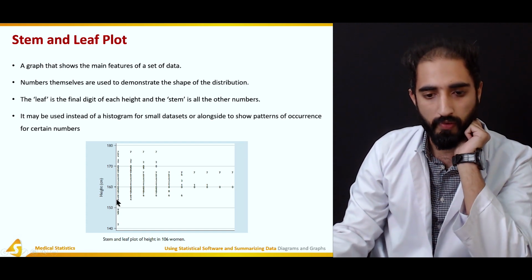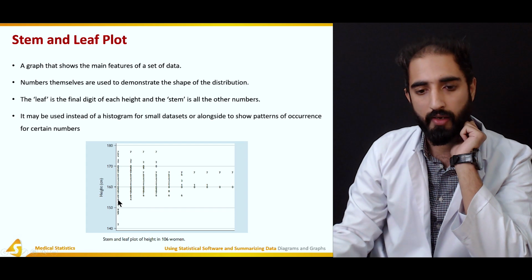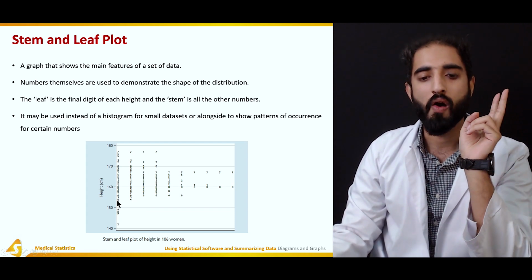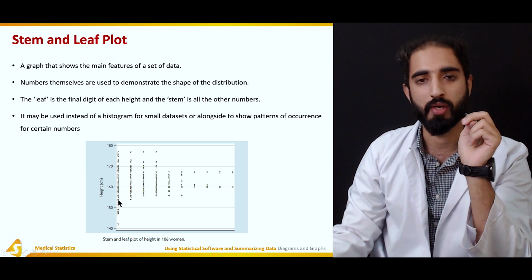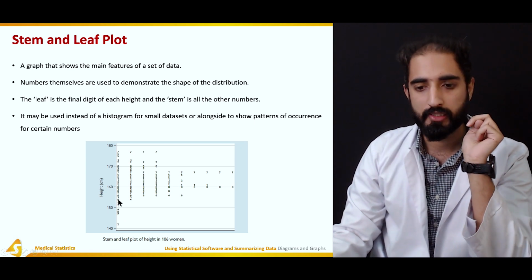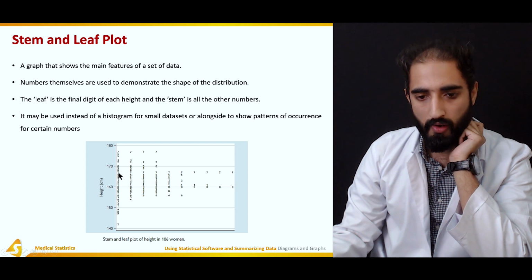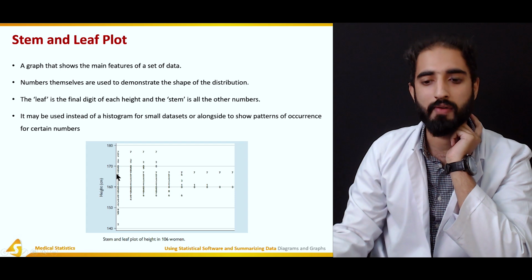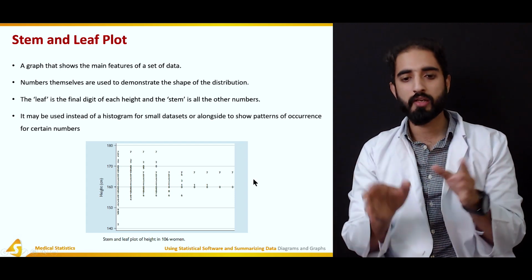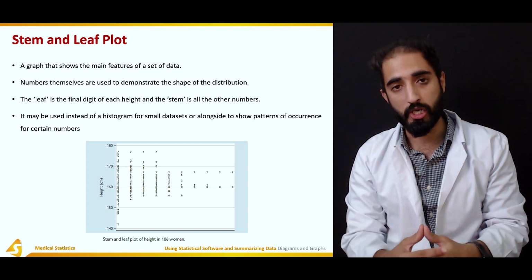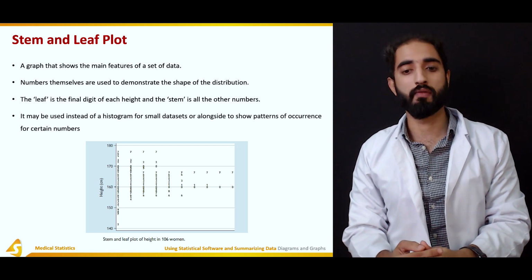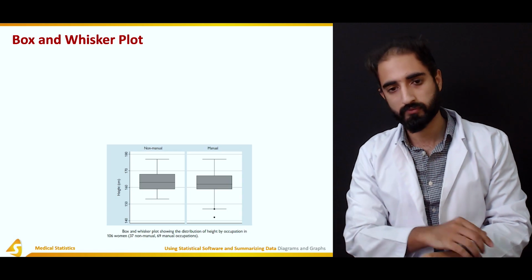But if we look at 154, there are 4 and 4, which means it has occurred twice. So the frequency of the height of 154 centimeters is 2. Similarly, if we take a look at this and we count, there are 10 sevens. So it means the frequency of 167 is 10. So this small plot is giving us a lot of information, and it makes it very interesting for studies which have small data sets.